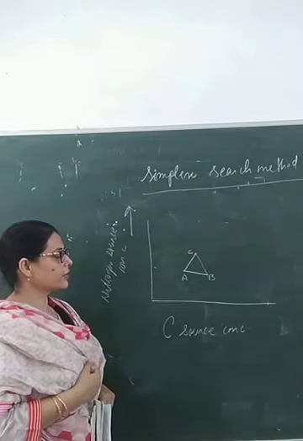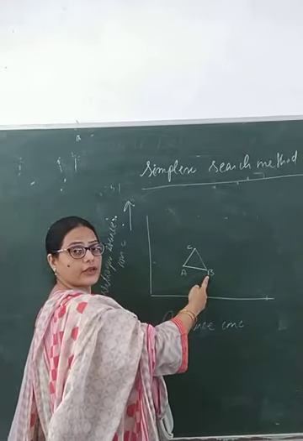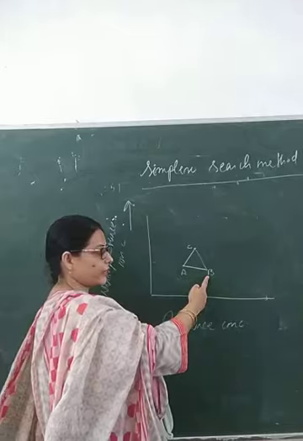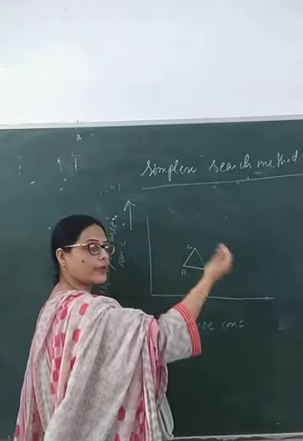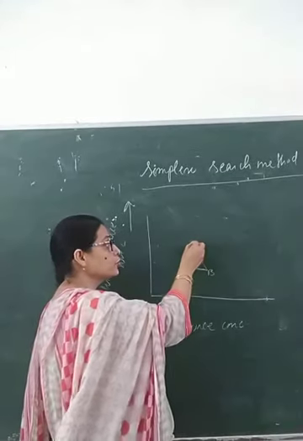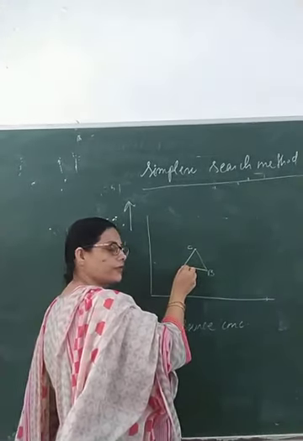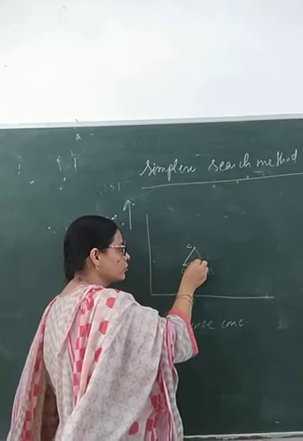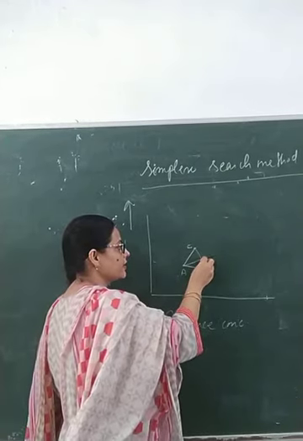Okay. So suppose B is giving a very good effect on the antibiotic production, whereas A is the worst. Then we plan another set of experiments using these values. We move from A through this point BC. This is the median point.